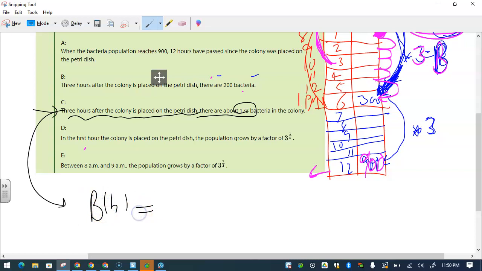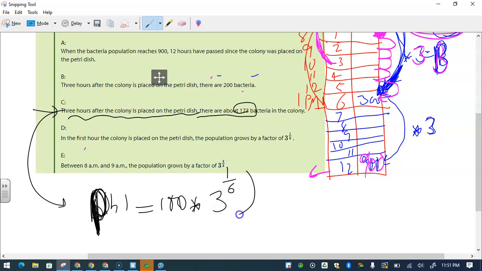We'll put population, just to avoid confusion with the other uppercase B that I used. So population in terms of hours will be, in the beginning we had 100, and then the growth rate for every 1 hour is 3 raised to 1/6, right?